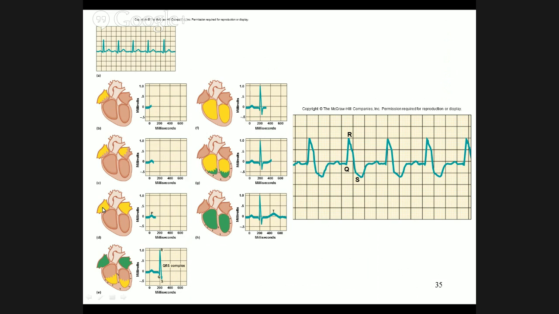P wave represents atrial depolarization, and as the QRS takes place, the atria repolarize while the ventricles begin to depolarize, and this is full depolarization, section F, and then the ventricles begin to repolarize, and when they're fully repolarized, we see the T wave.